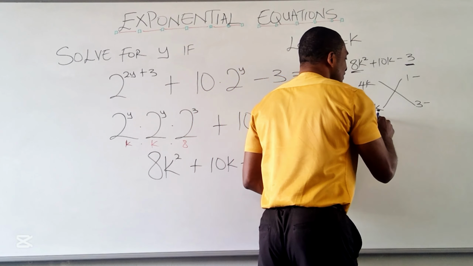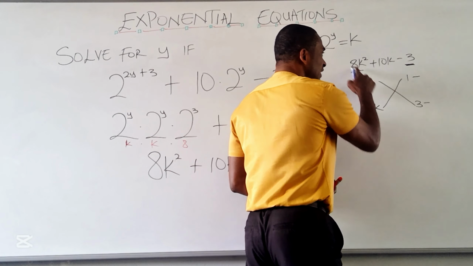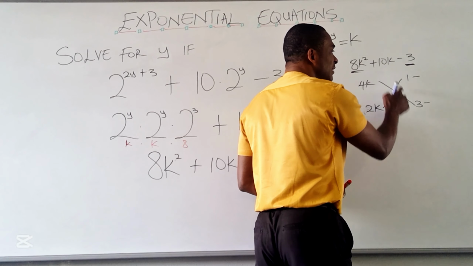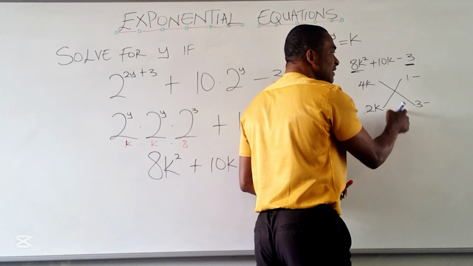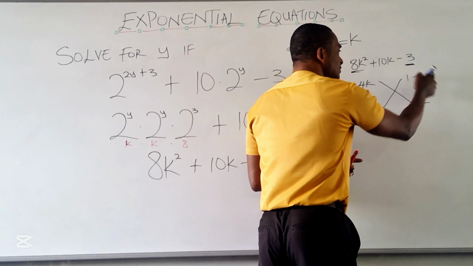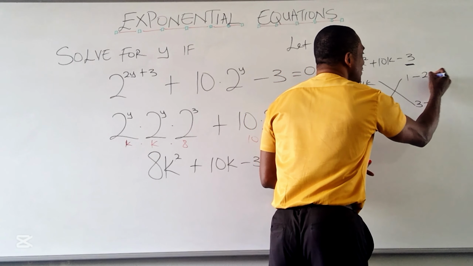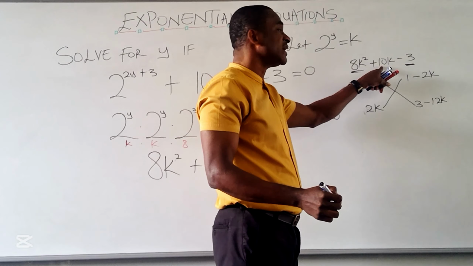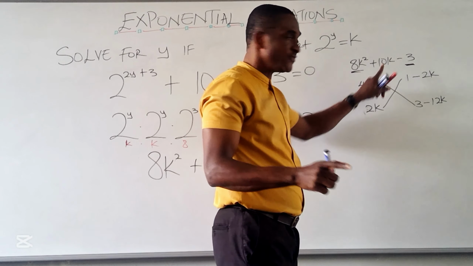So here, 4 times 2 is 8k squared, 3 times 1 is 3. We have to be very careful about where we're going to place the minus, if it is here or here, depending on our sum here. So we have 2k here, 4k times 3 is 12k. What is our goal? We want to achieve 10k, which is positive.